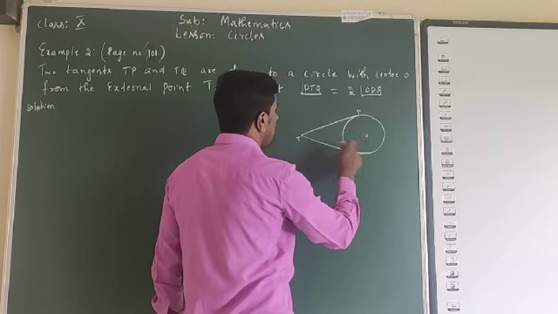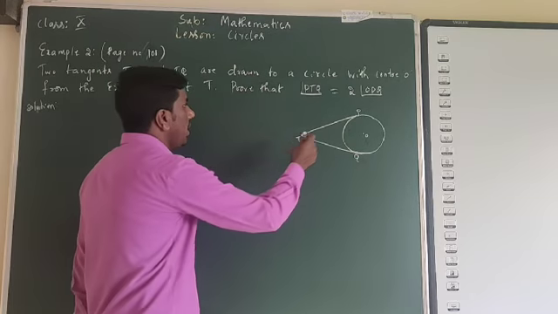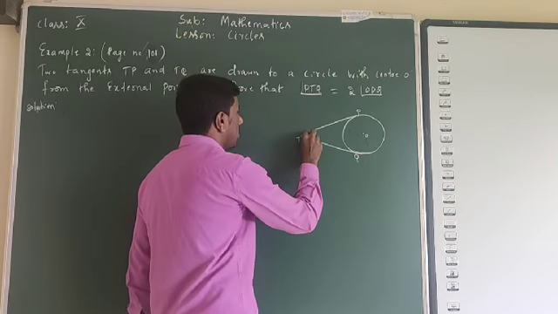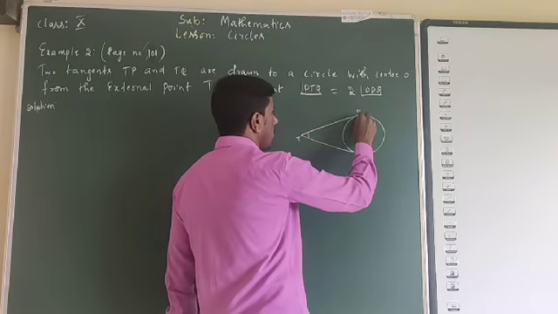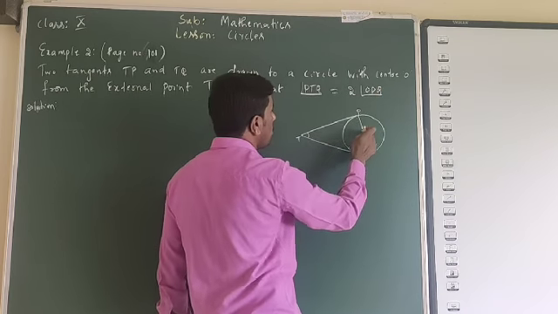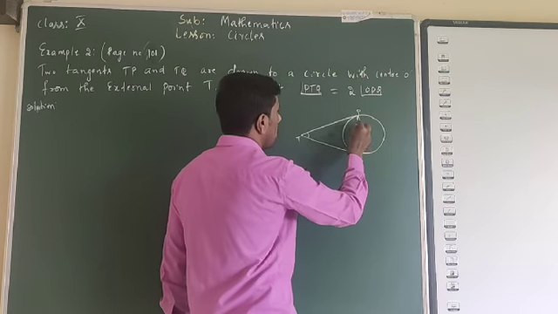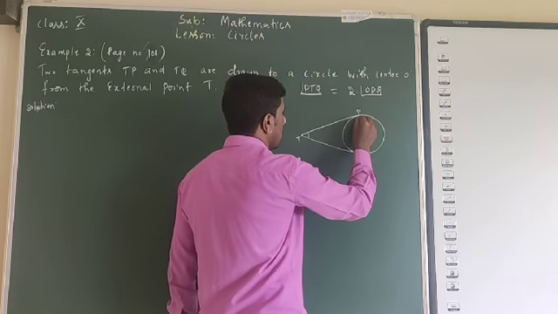So TP, TQ, and we need angle PTQ, this angle. Join O and P. Then OPQ, so we need to join PQ also. So OPQ is this angle.